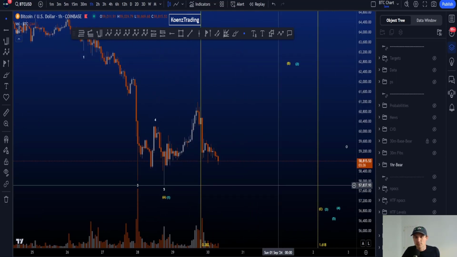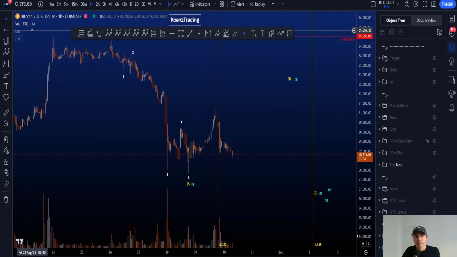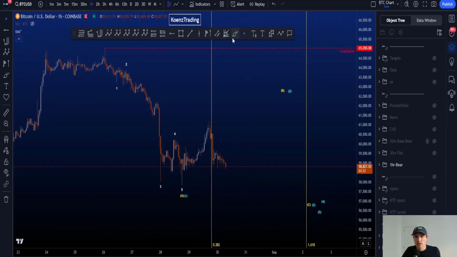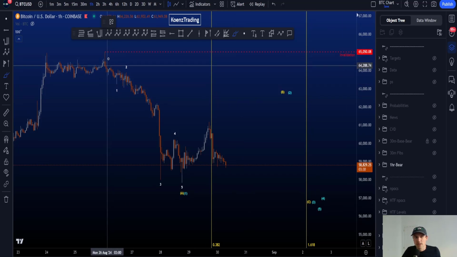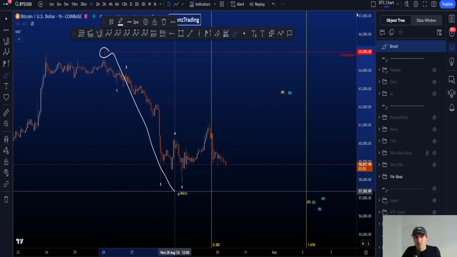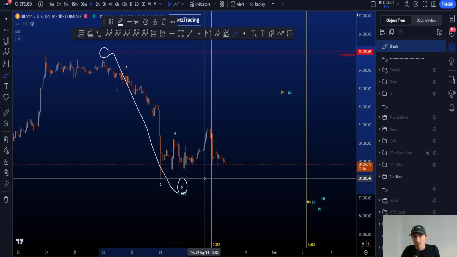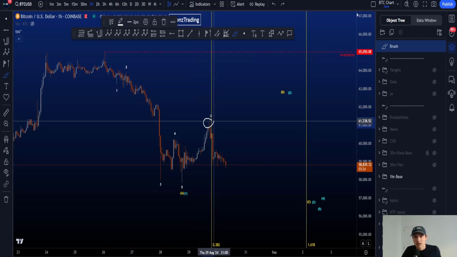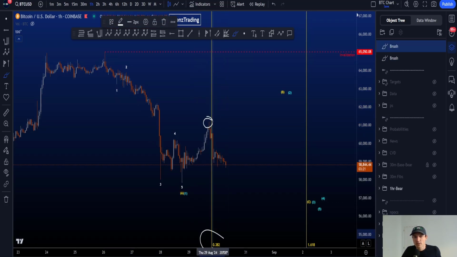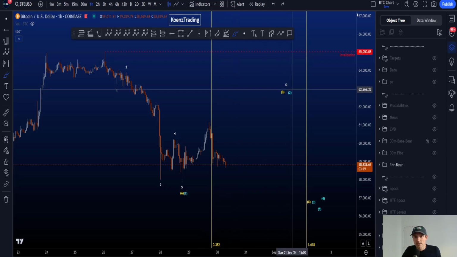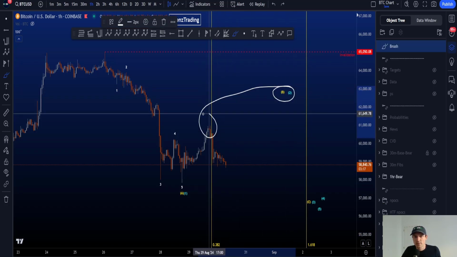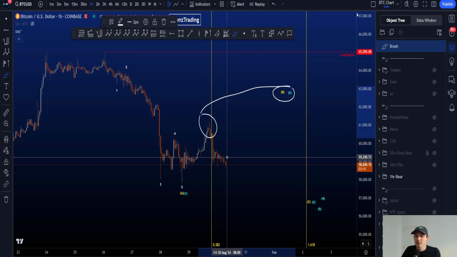take out this low. Now what you can also see is that I have vertical lines on my chart, and this is a Fib time taken from the start to the end of A or 1. You can see that this high so far has been made before the 0.382 Fib time. Now, if that high is the end of B or 2, it is a very short wave B or a very short wave 2.